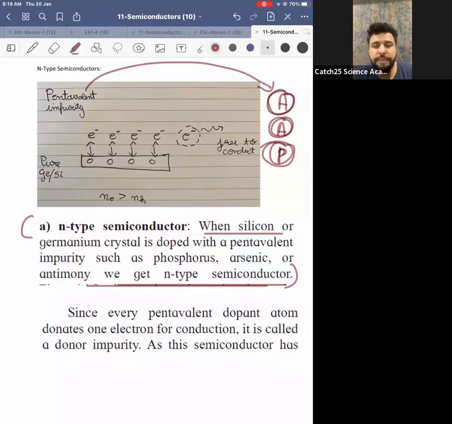Since electron is responsible for conduction, this kind of semiconductor is called N-type semiconductor.